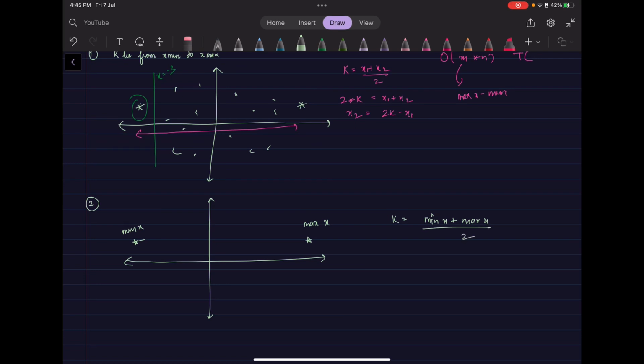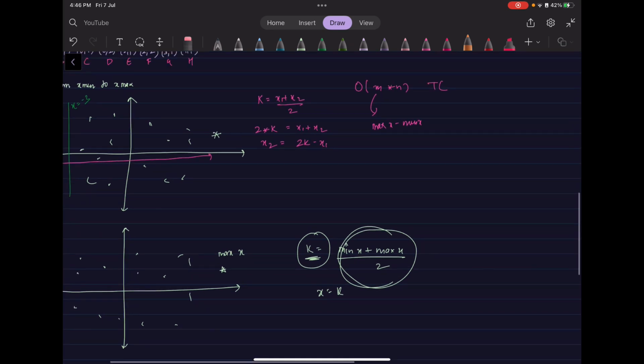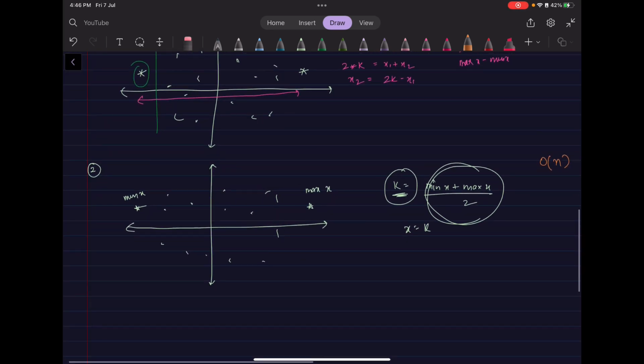If we know k, then there might be several points. Now we already know that if a line exists, then it's definitely x equal to k only, and k is this only. If we know that, then why do we have to search for each and every possible k? Then our complexity would reduce to O(n). So from a square complexity, you convert it into linear time.